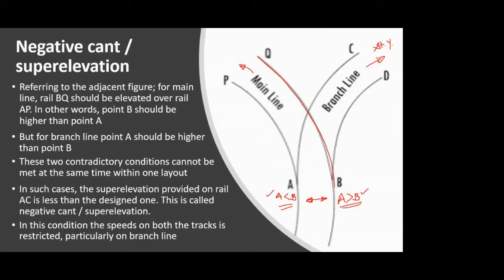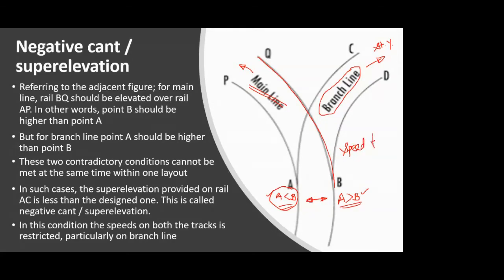So what we do is keep in mind the main line and ignore the branch line. In this case we go for the condition that the BQ rail will have more elevation than the AP rail. But in that case, we are hampering the concept of superelevation for the branch line, so there you need to drastically reduce your speed.